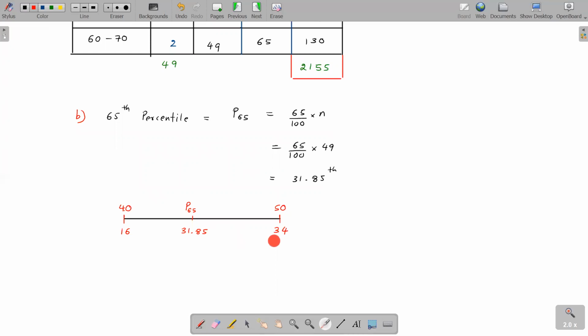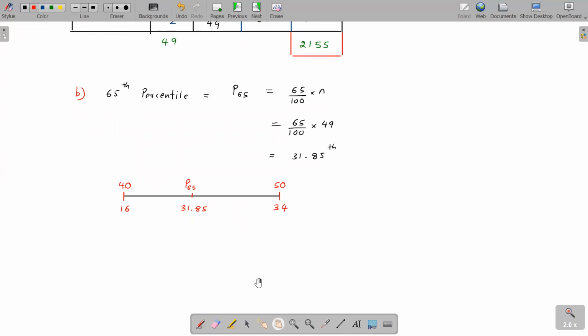Okay. Right. So now it's time to apply what? You are working with continuous data, so you must apply linear interpolation. Okay, so we get here P65 minus 40 over 50 minus 40 equals 31.85 minus 16 over 34 minus 16.